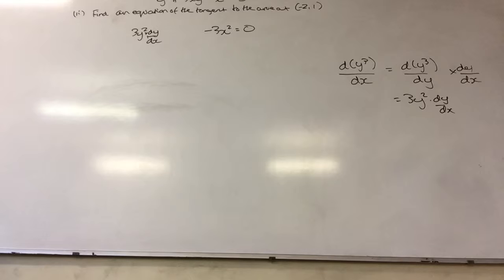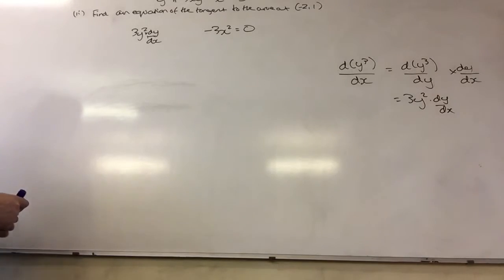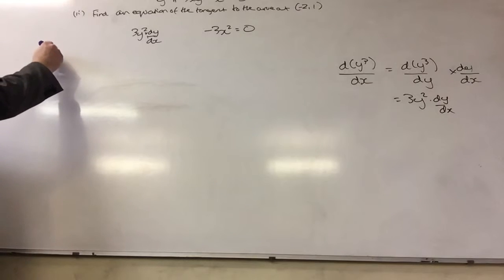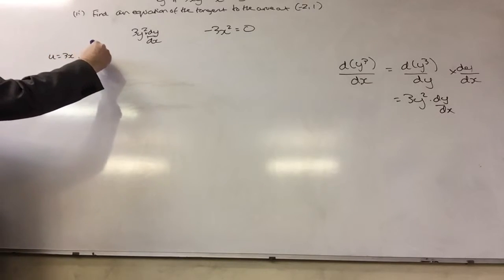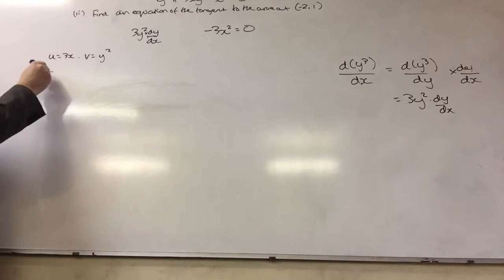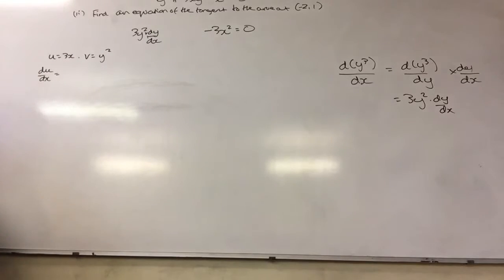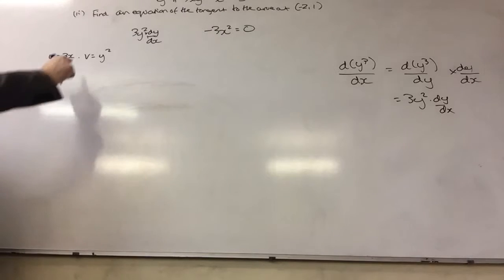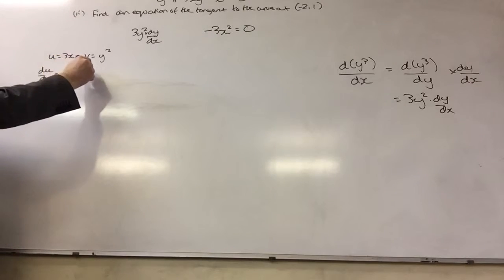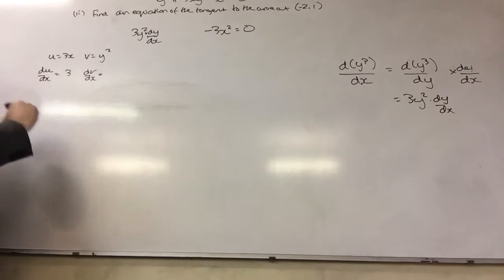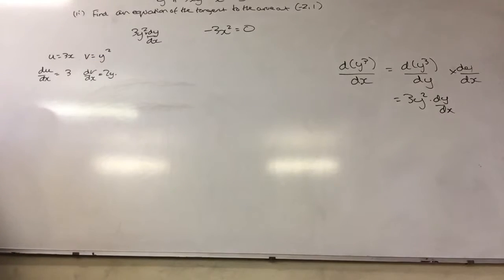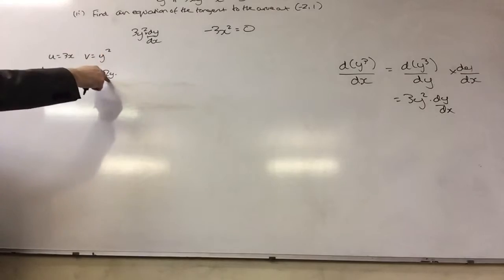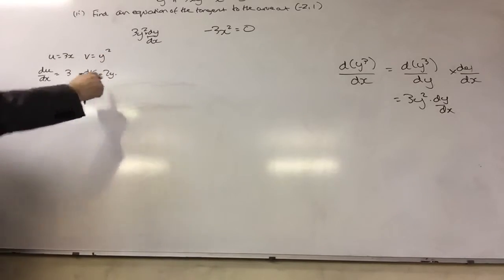And we have to differentiate a product like we did in C3 by saying u is equal to something and v is equal to something else. In this case, u is equal to 3x, v is equal to y squared, and then I need to do du dx. Differential of 3x is 3. And the differential of y squared is 2y, times by dy dx. Remember, that's differentiated with respect to y, and I need it with respect to x.